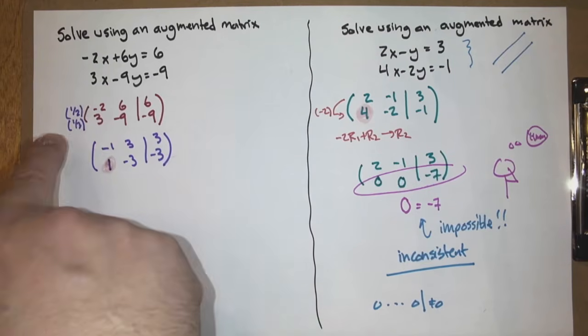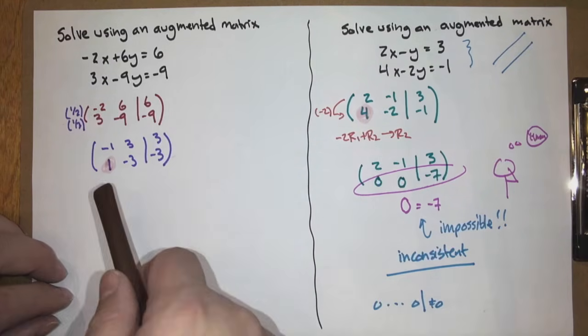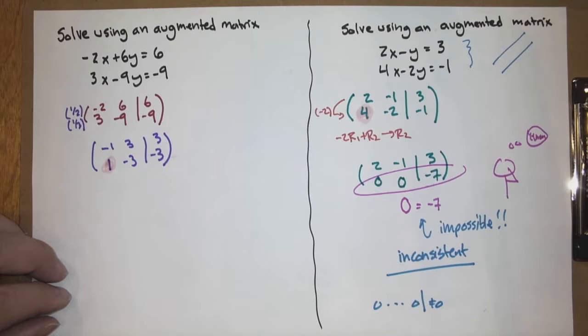In general, by the way, I do recommend scaling. That helps you keep the numbers reasonable to work with. If you have any common factors, you can scale. If you're seeing fractions, you can sometimes scale, unless you're trying to get ones and zeros, sometimes you just have to live with fractions.